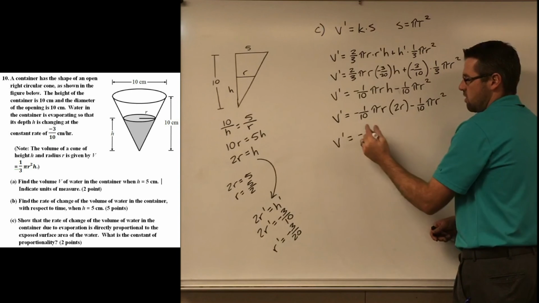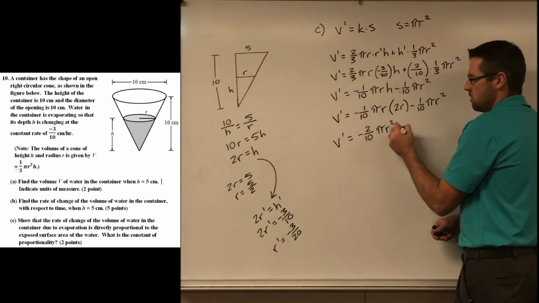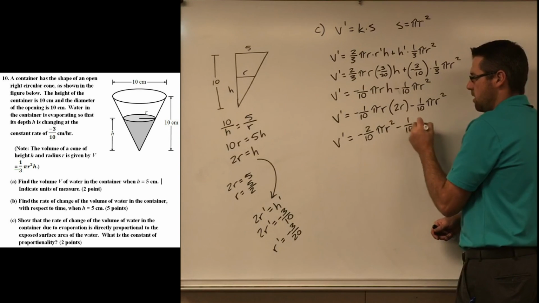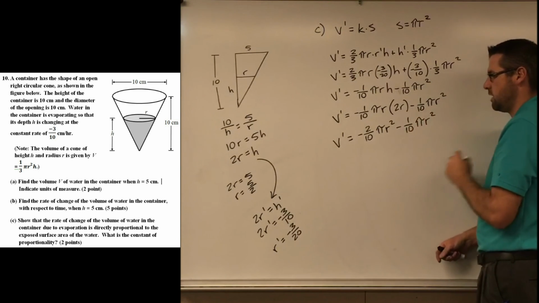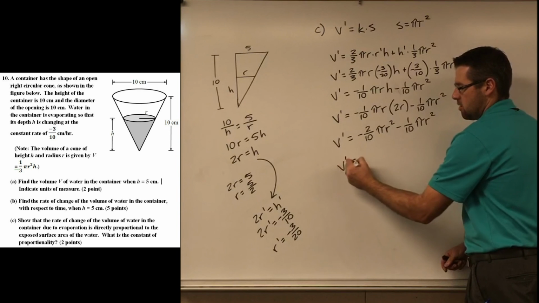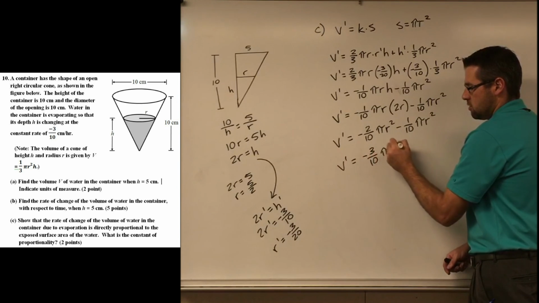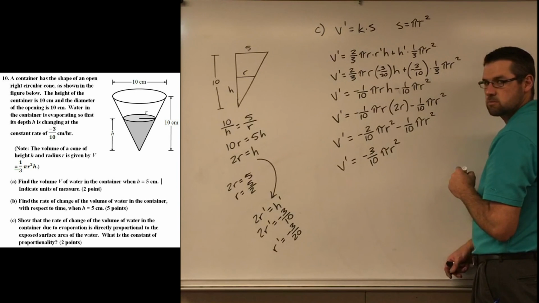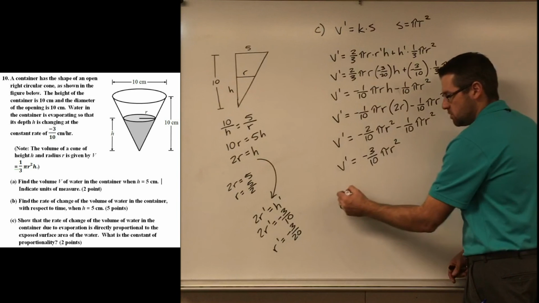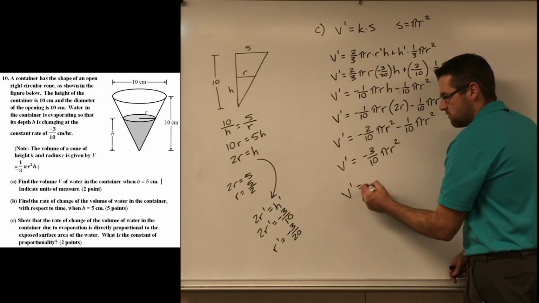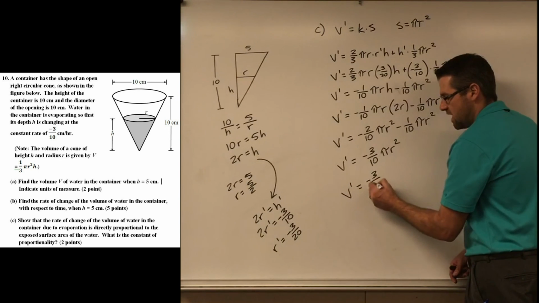So it's going to be negative, well, I'm going to do this so I have a common denominator. Negative 2/10 pi r squared minus 1/10 pi r squared. What do you get? Pi r squared. You guys okay with that? Kind of a mess, but that's okay. It simplifies easily. So V prime equals negative 3 over 10.